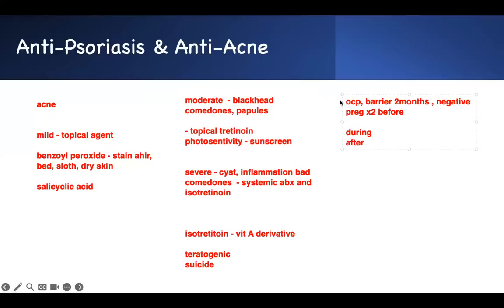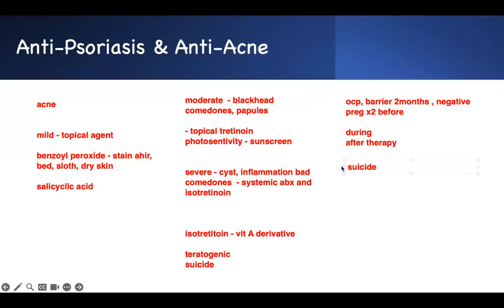And during, you should be taking both of them and wearing both of them. And after therapy. So all these things have to be met before: 2 birth controls, 1 is a barrier method, 2 negative pregnancy tests before we start the therapy. And during the therapy, you should continue that. After, you should continue that. When they come in, you should check them for suicide.